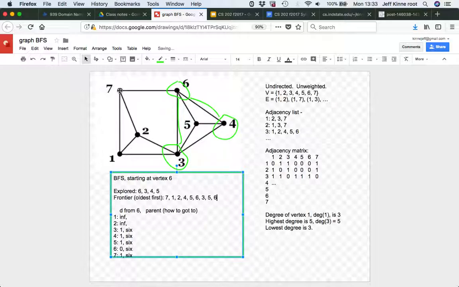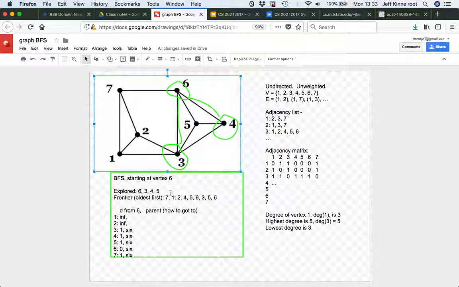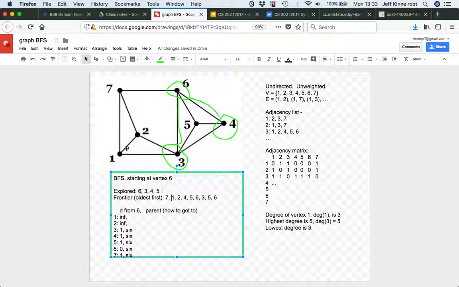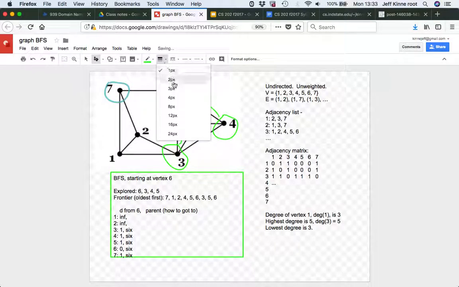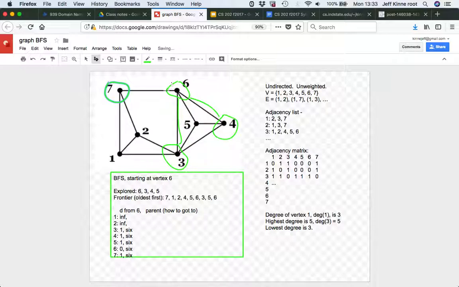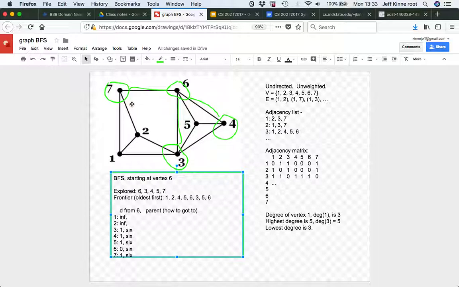And the next vertex to take off is 7. So 7 is going to be taken off of the frontier and put into explored. I'm going to mark it as something we got to, and draw the path that we had was from 6. And now we're going to look at 7's neighbors. 7 has a path to 1 and 2.